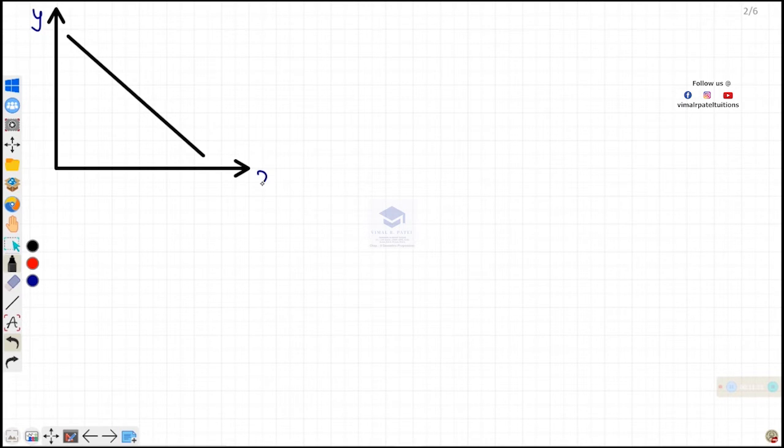Now, the change will be in the opposite direction in the same proportion. So here the value of R will be -1.